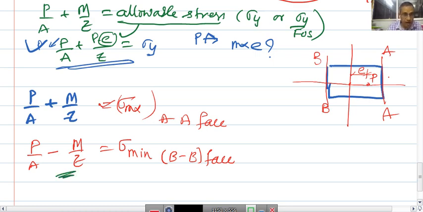Okay. So far I said this is the maximum stress, I was working for the maximum stress. I was interested in maximum stress, worked it out, but at the same time I have to be careful that my minimum stress should not be less than 0. That means it cannot be 0, right.